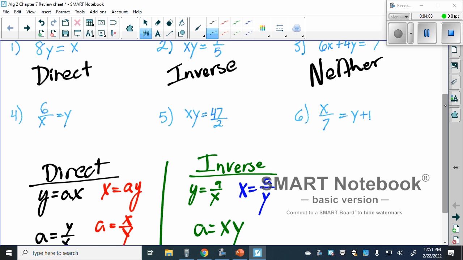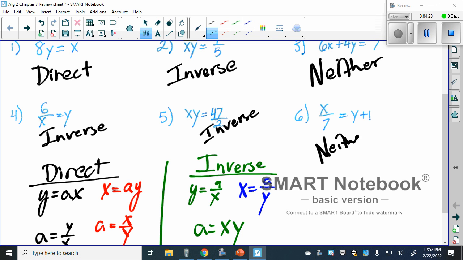Number 4 would be inverse. So that means 5 is inverse, yes. And lastly, number 6 is neither.